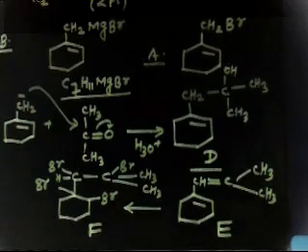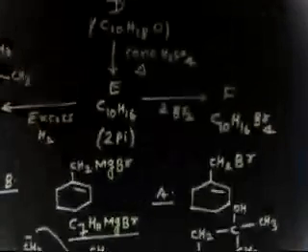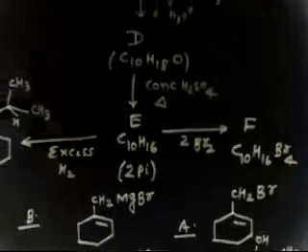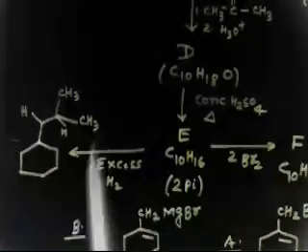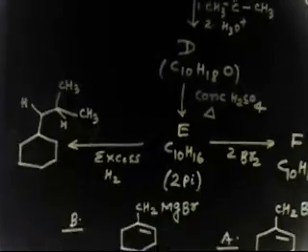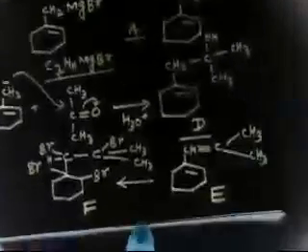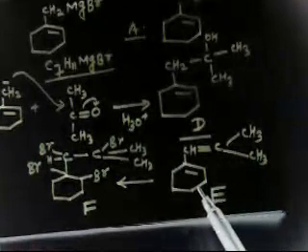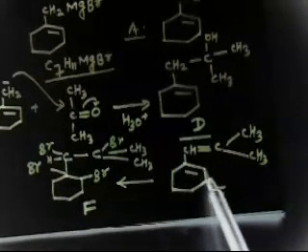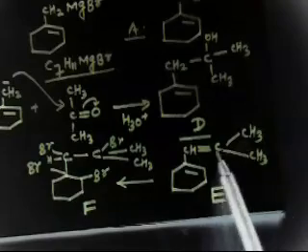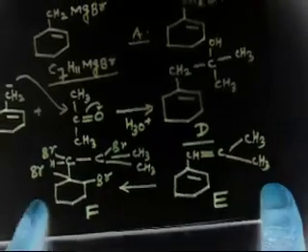Now we can also verify from here. You see this question says if E reacts with excess hydrogen, this gives this compound. So if you react this compound with excess hydrogen, this double bond is gone, this double bond is gone, so you will have a cyclohexane ring and then CH, CH3, CH3. So you verify this one here.